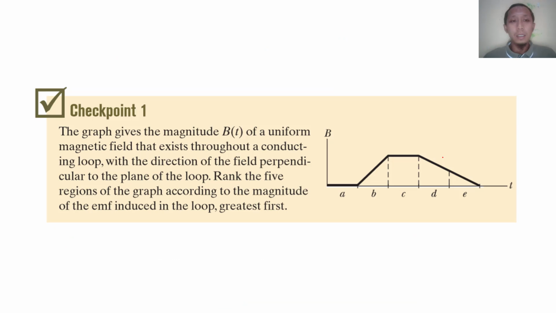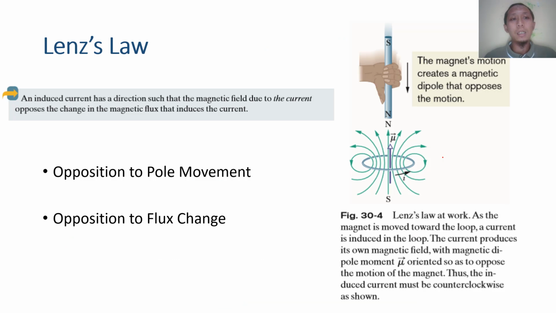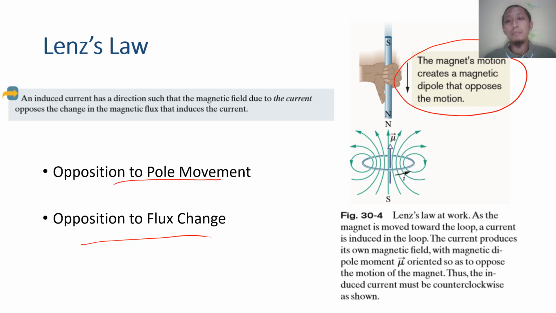Okay, I jumped ahead a step. What is Lenz's law? With Lenz's law we discuss opposition to the pole movement, and opposition to the flux change. If we have a magnet, the magnet's motion creates a magnetic dipole that opposes the motion.